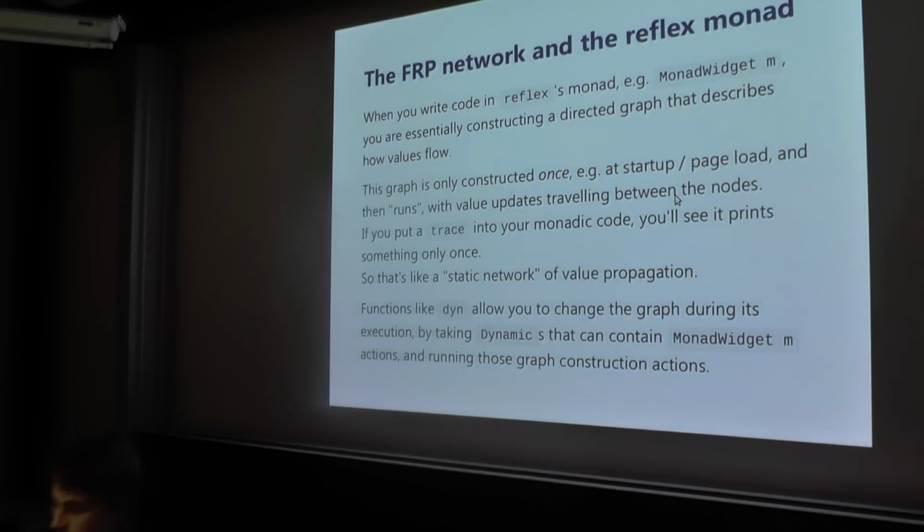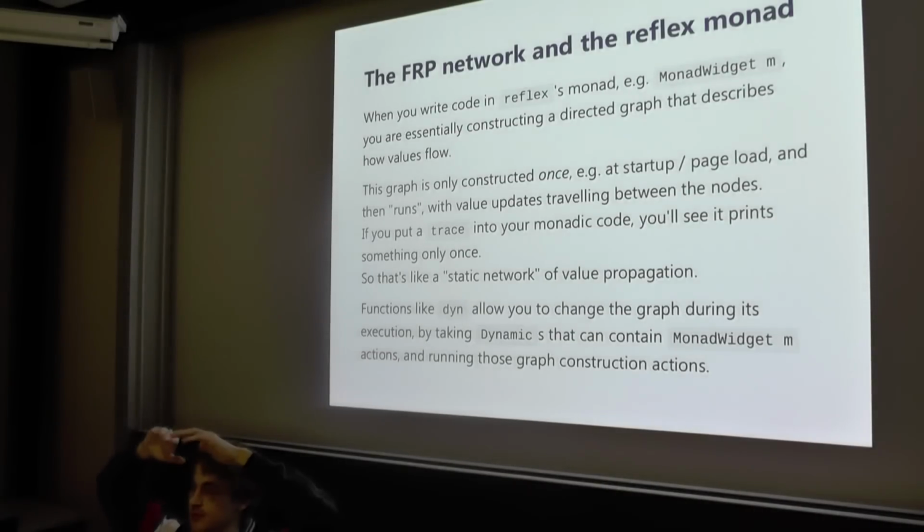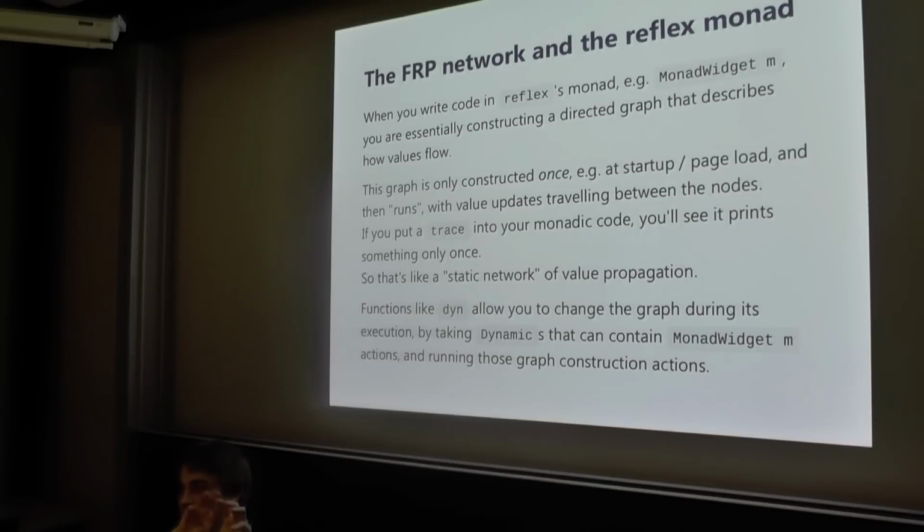Okay. So, how exactly does this work? What does this Reflex monad really do? This Reflex monad is something that allows you to define in do notation this graph of values that depend on each other. You do this setup only once. You have this monad, it runs through it, it builds you this graph, but this happens basically at page load time by default.